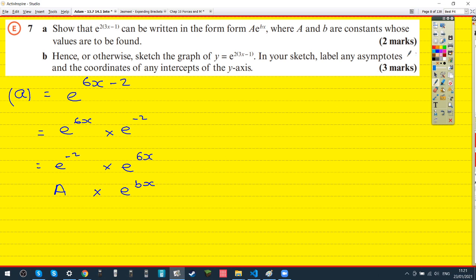And so what is a, what is b? A is e to the minus 2. And b is e to the 6x. So just b? Oh, 6. That's it.